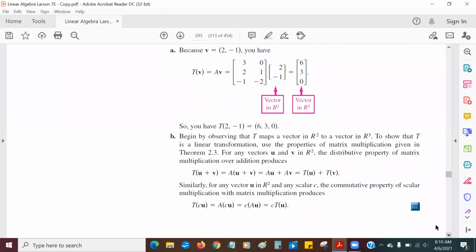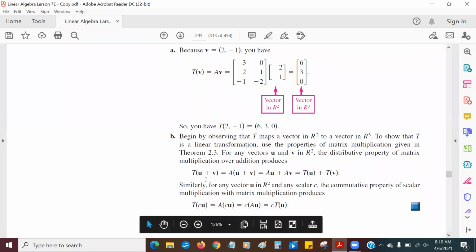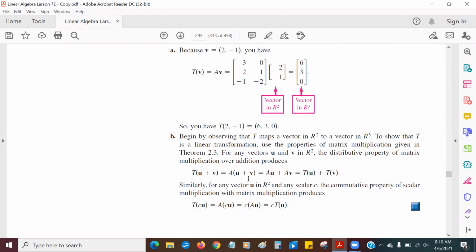What's interesting here is that T of U plus V is just A times (U plus V), because that's what this function is, which is AU plus AV, because we know that we can distribute. We learned that already back in theorem 2.3.